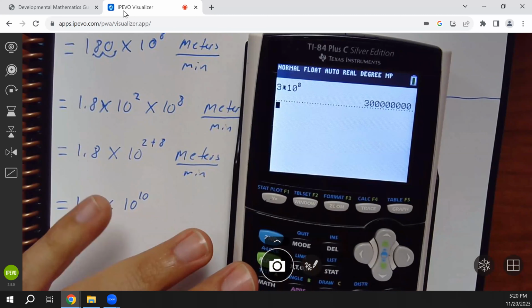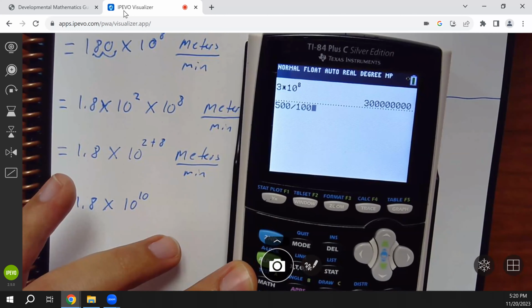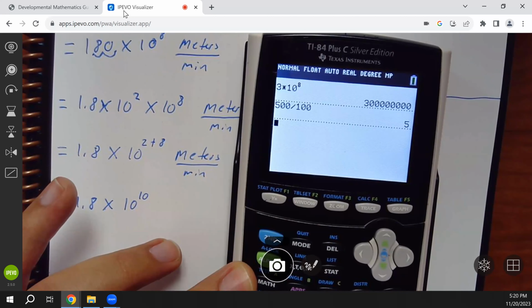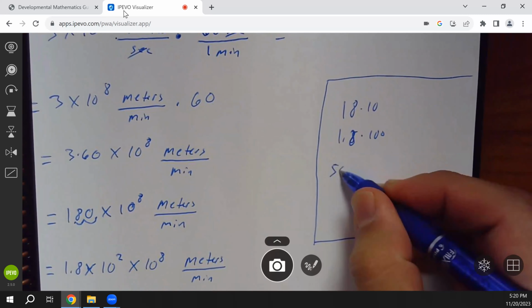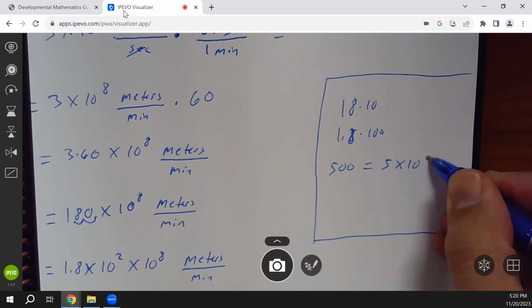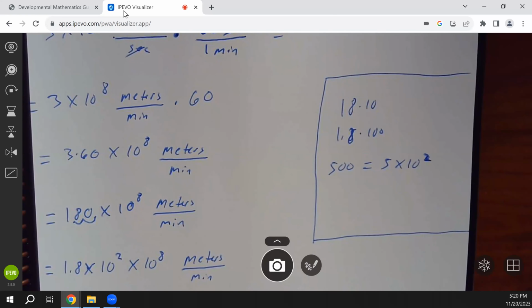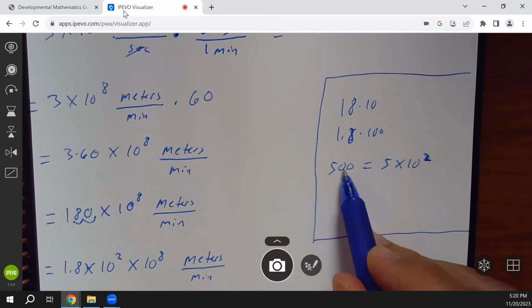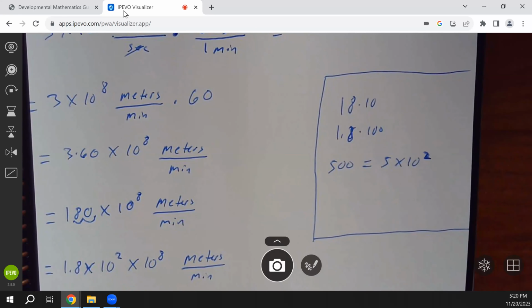You can always write a number like 500. If I divide it by 100, it's going to be 5. But I can technically write it as 5 times 10 to the 2. So these zeros are being counted by these tens. That kind of helps me deal with lots of digits.